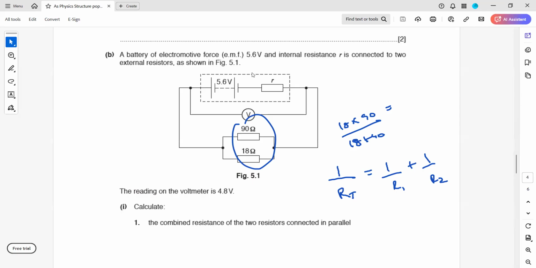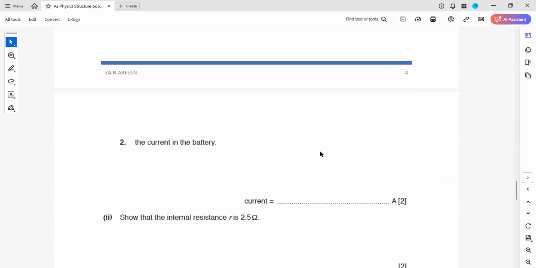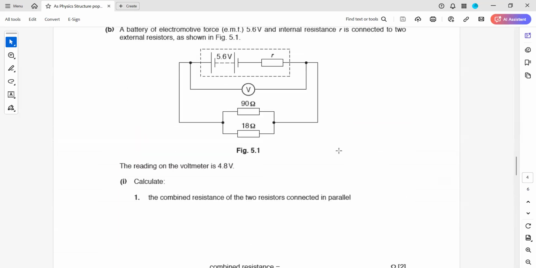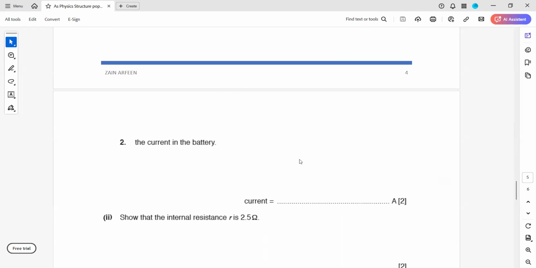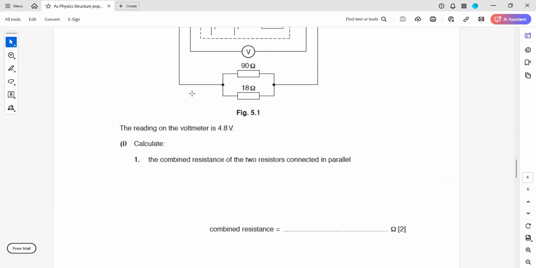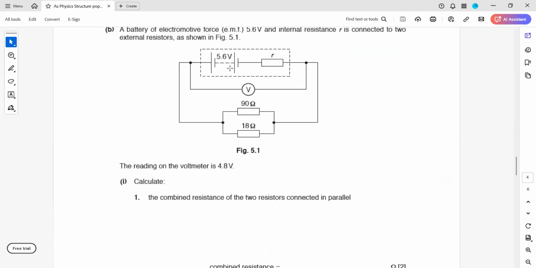The 15 ohm is the resistance of this section. If we need the current in the battery, how do we find it? We know the total resistance of this branch is 15 ohm, and we know the voltage here is 4.8.